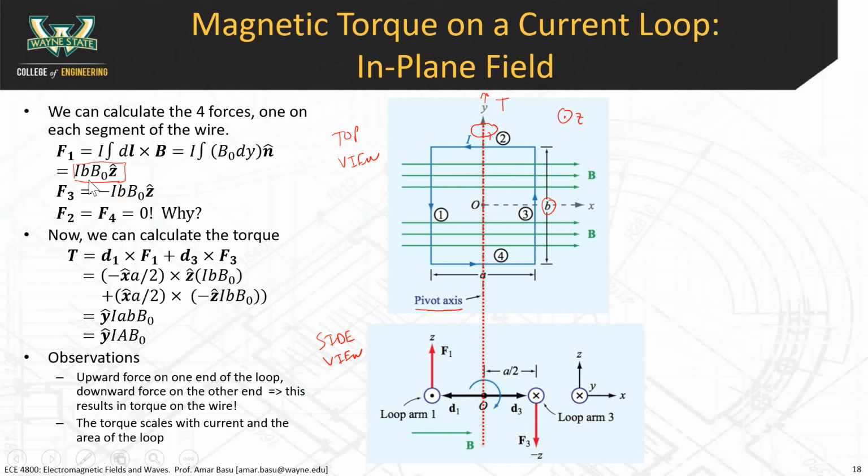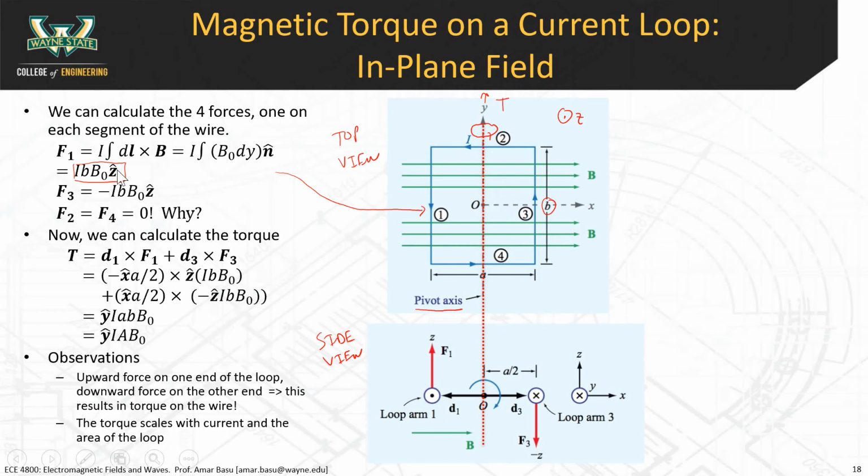Again, the magnitude of the force is equal to the current times the length of the wire segment times the magnetic field, and the direction can be found using the right-hand rule. So we have force 1 on this side.